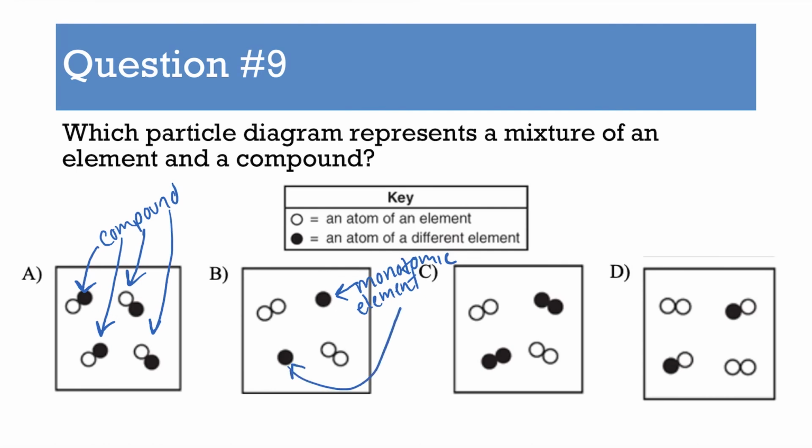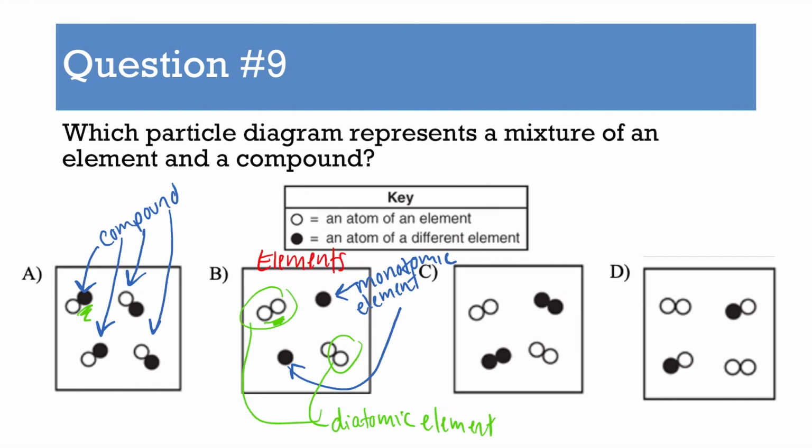So this black circle is that as well. But these two, if you have just two of the same color connected, that is a diatomic element. Again, if you have two of the same color, that's an element. If you have two or more different colors, that is a compound. But if we're just going to look at this, in total, we just have elements here.